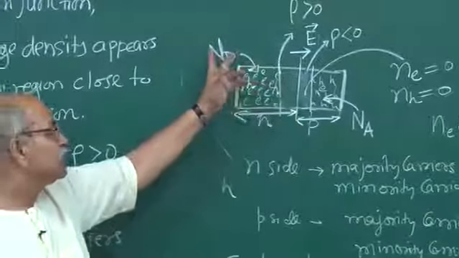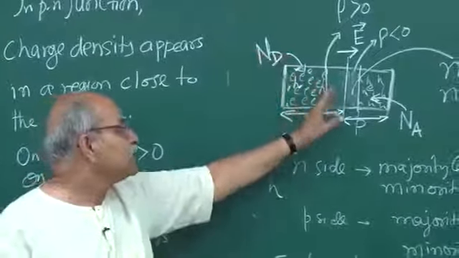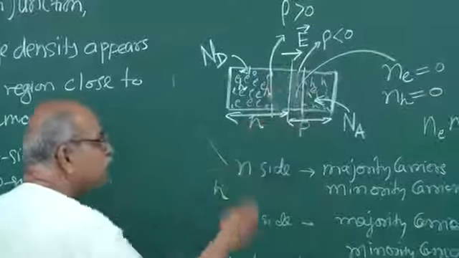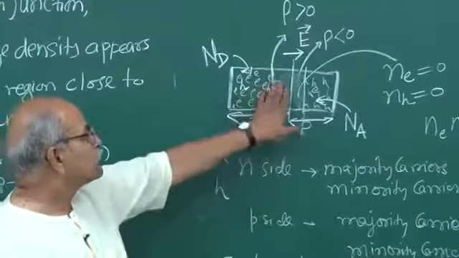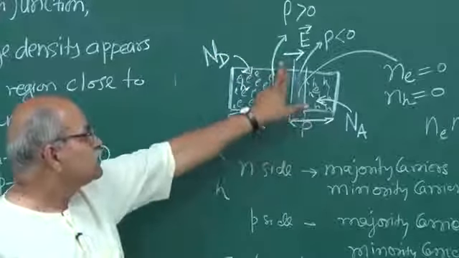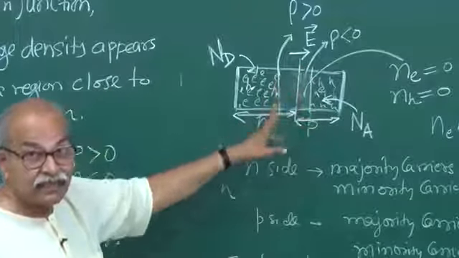If you have large concentration of impurities, then in a very small region you have enough electrons which can go and neutralize that layer there.